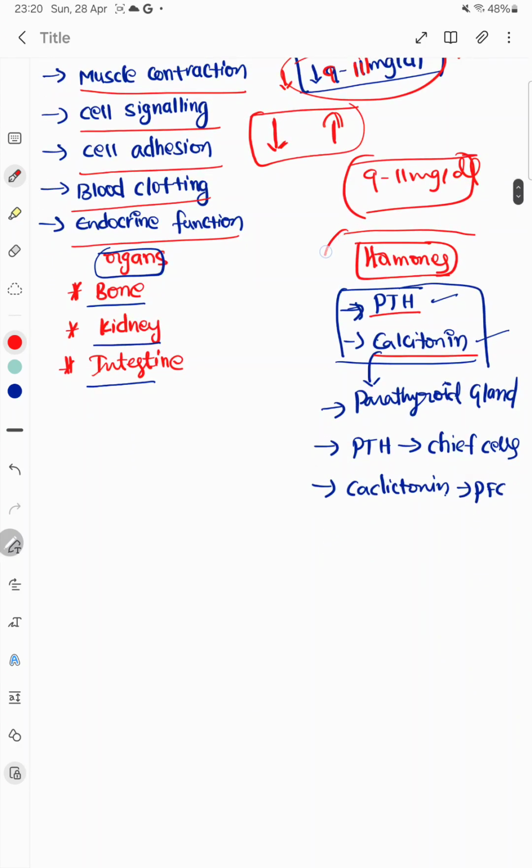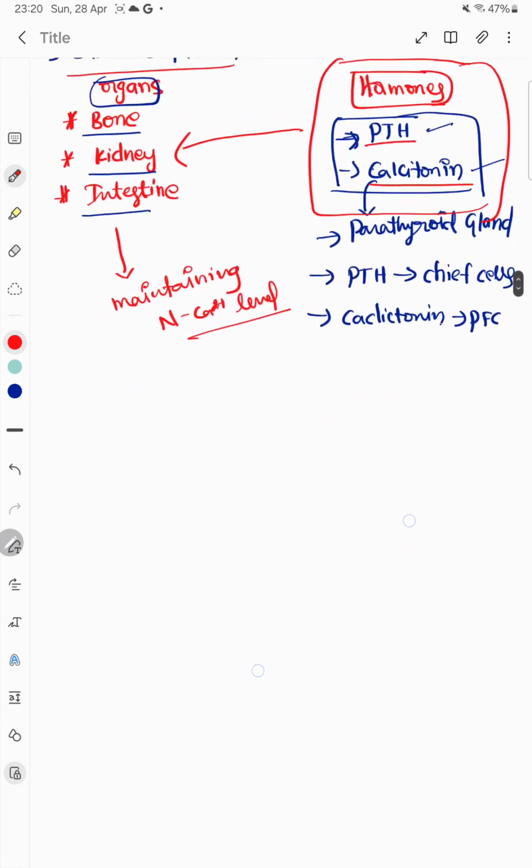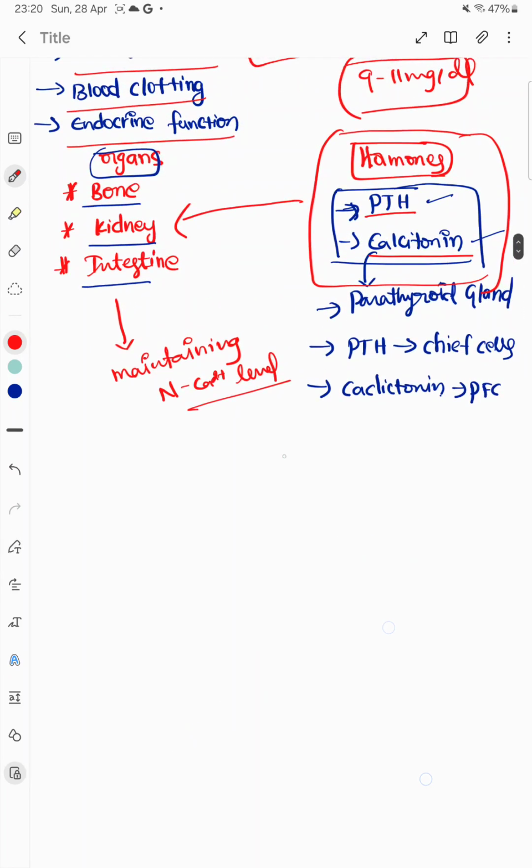So now we're gonna see how these hormones interact with these organs and thereby maintain the normal calcium levels. So first we're going to see, for example, our normal plasma concentration of calcium is 9 to 11 mg per dl.